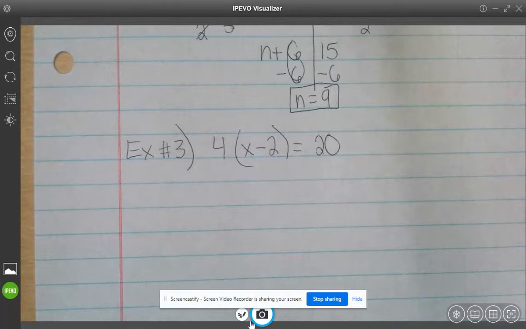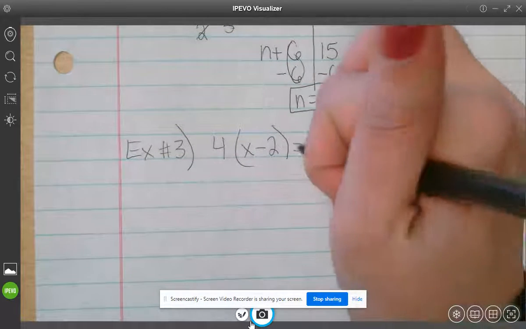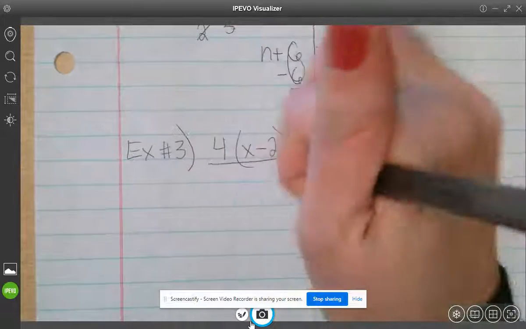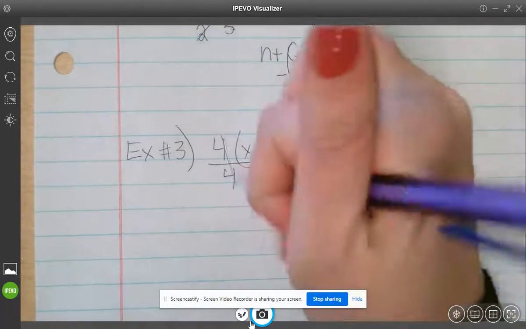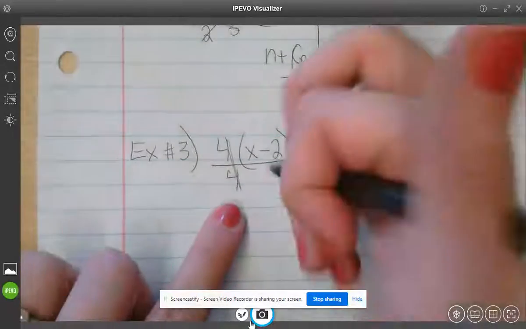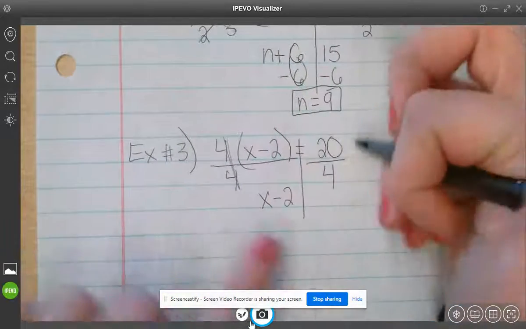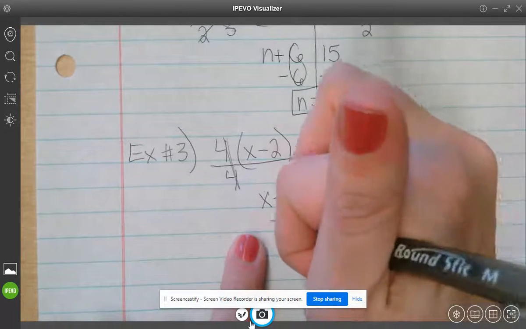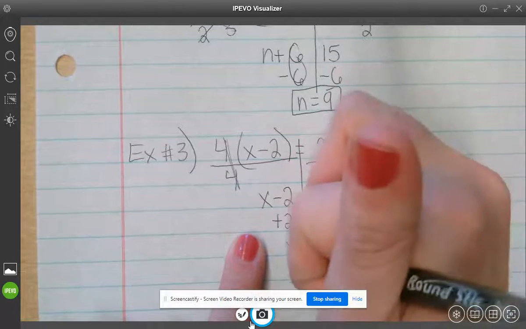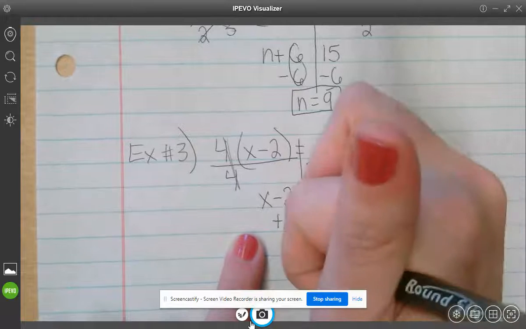Really, pause, hit the pause button. Okay, hopefully you actually try to do this one on your own. First step I'm going to do is divide by 4 on both sides. Turns that into 1, so I'm left with x minus 2. And here I'm left with 5. Then I'm going to add 2, and I get x equals 7.